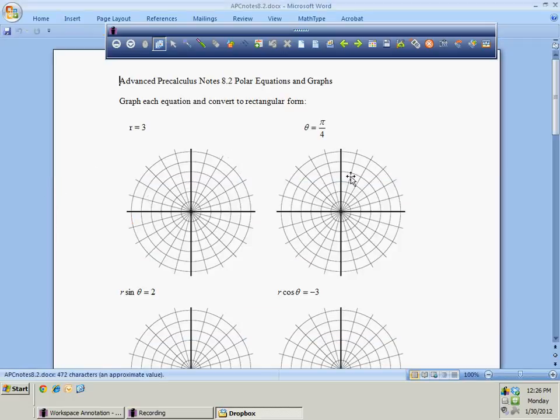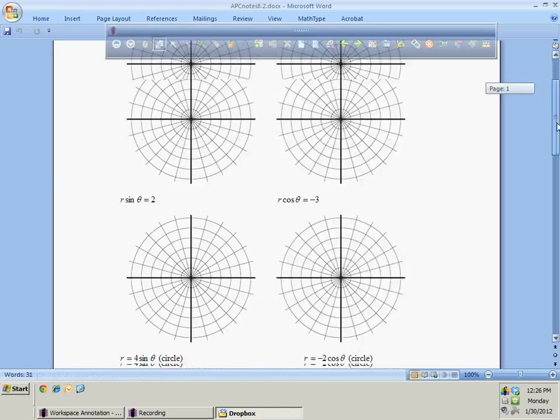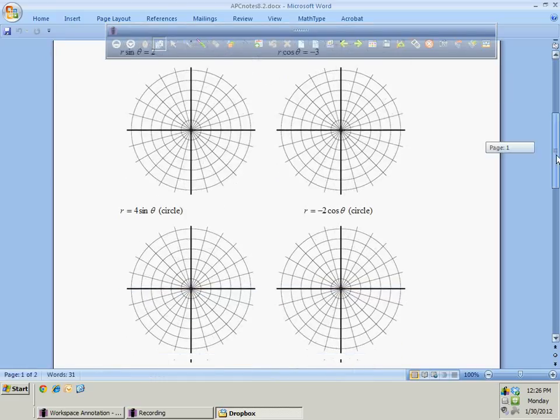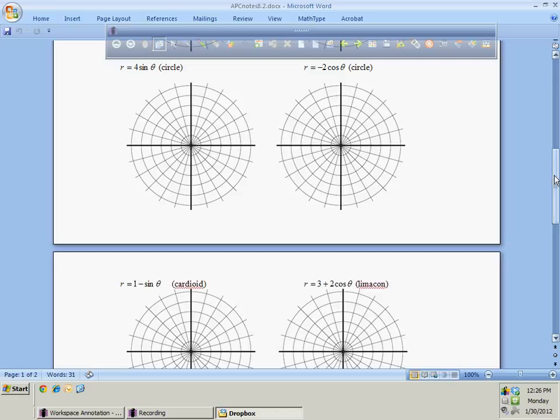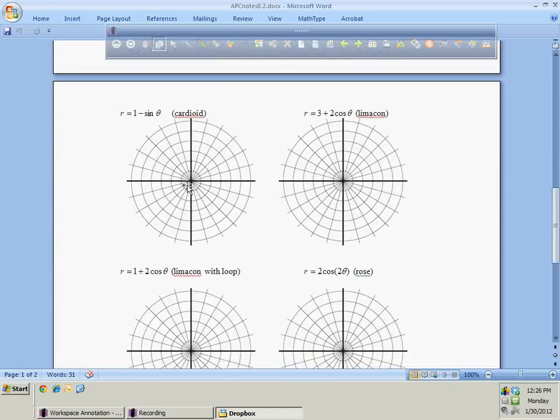Say this is what we did the other day, but say I wanted to do this one, and I want you to graph it. You may know what it looks like, and there are equations on the back, but I will make you do one at least by hand. So this is going to be a cardioid because these two things are the same, even though there's no 1 in front.